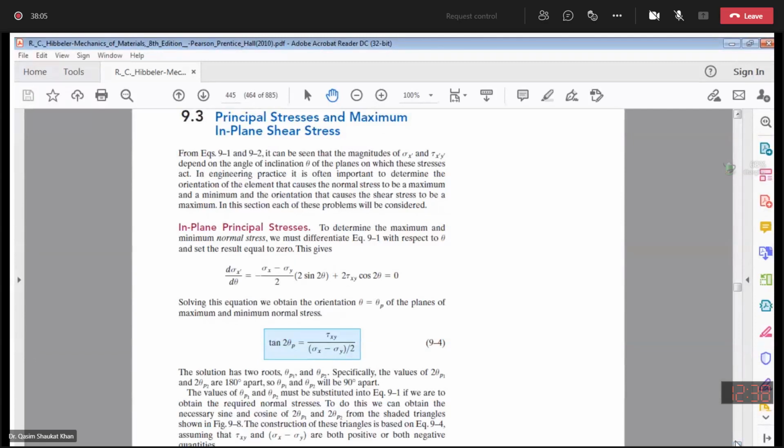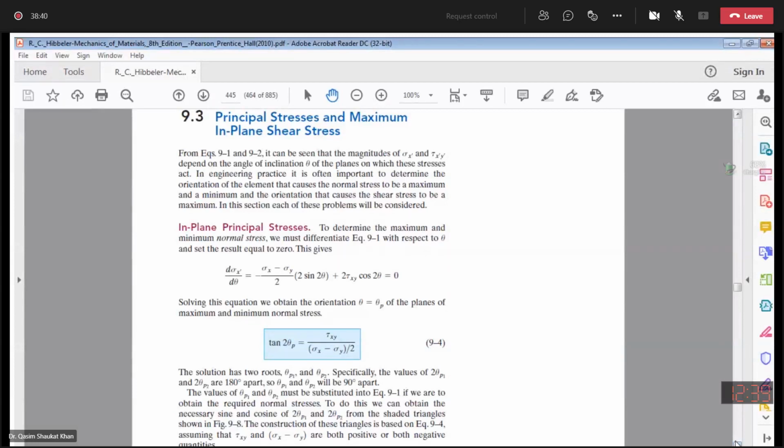Now our next target is to calculate the angle of inclination theta, so we get the maximum value of the normal stresses and in-plane shear stresses. ठीक है जी? We want to get the maximum values, that at what orientation of the plane I will get the maximum value of the normal stresses and in-plane shear stresses.